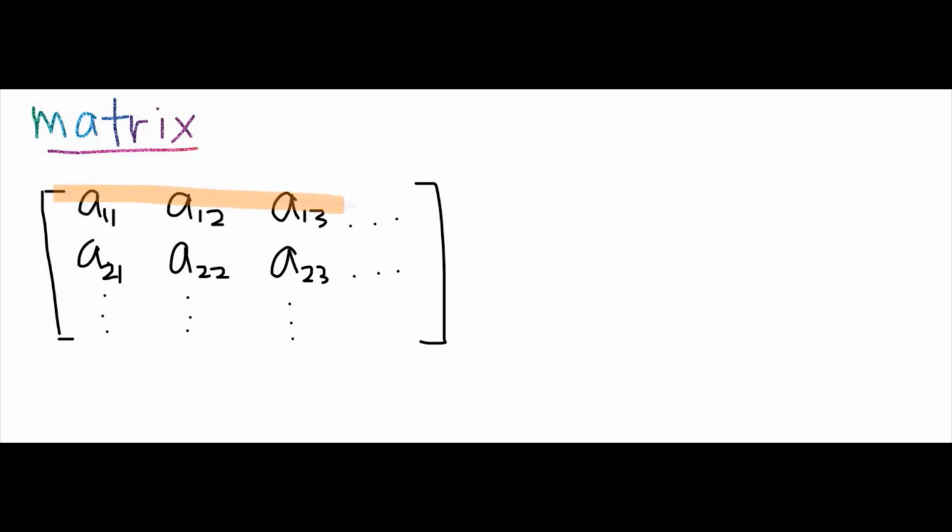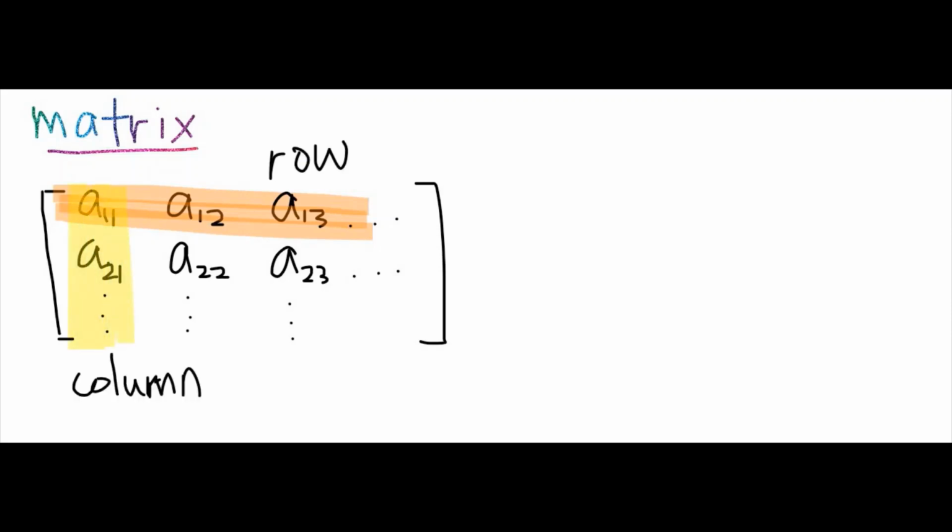So horizontally they will be known as rows, and vertically they will be known as columns. And you can see here the subscript that appear on each of the numbers in the array or the matrix also represents the row and the column they are in.